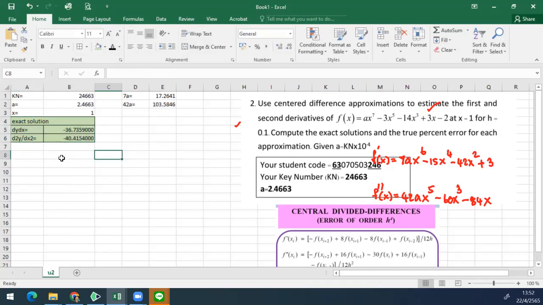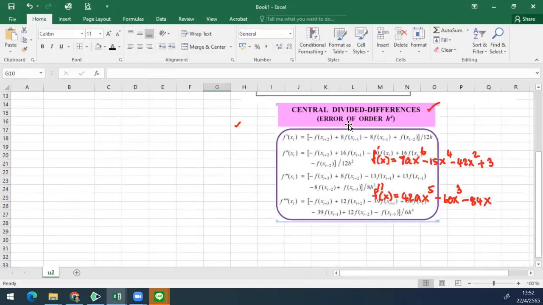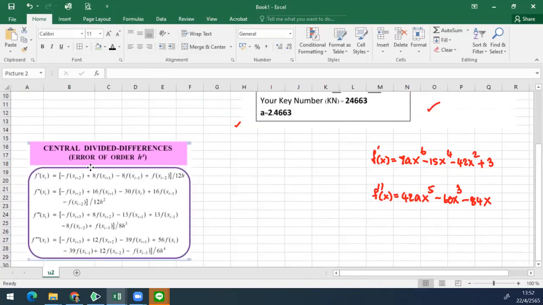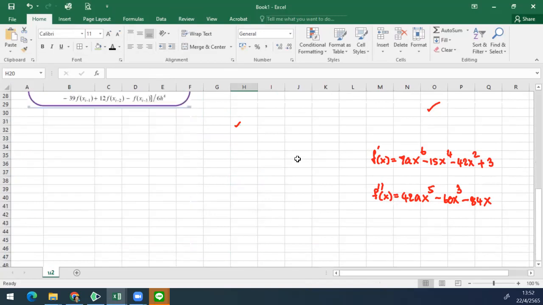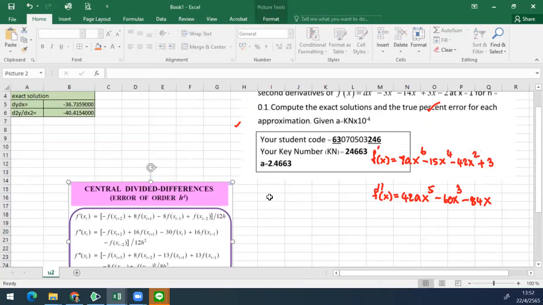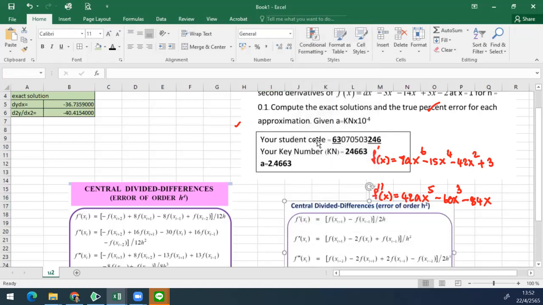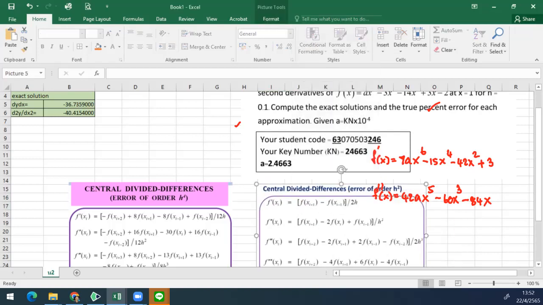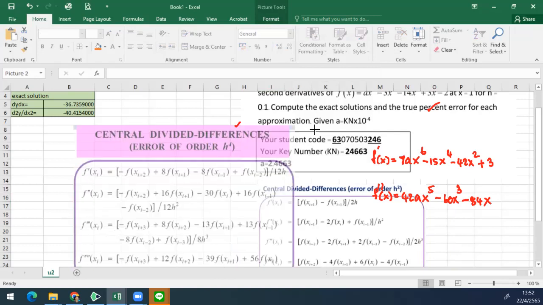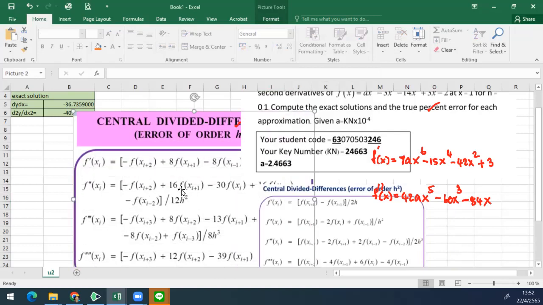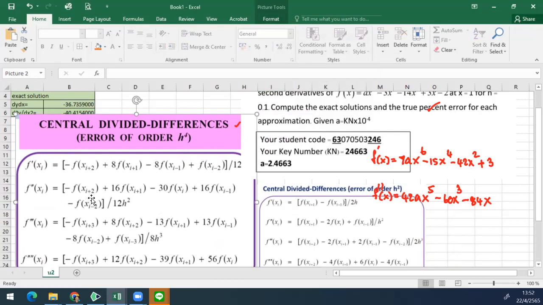Okay, then if we would like to determine the central difference for the first derivative and second derivative, using the more accurate formula for the second derivative, we require until x plus 2 and x minus 2, right?